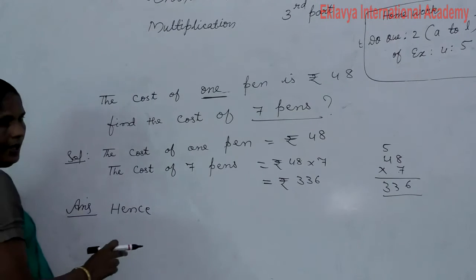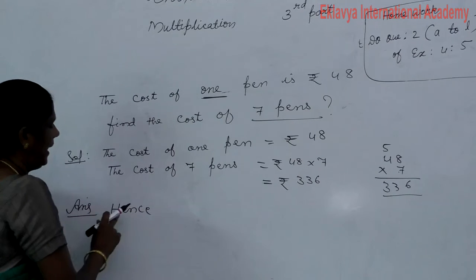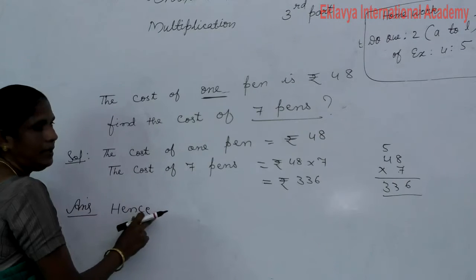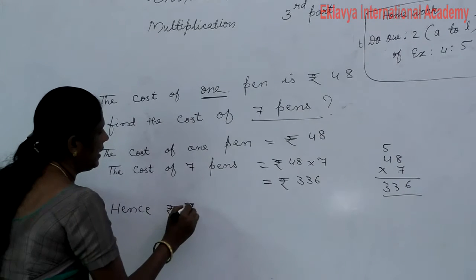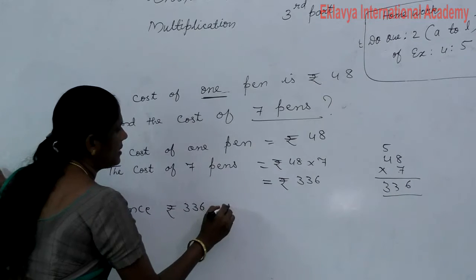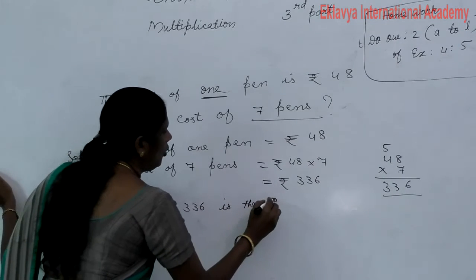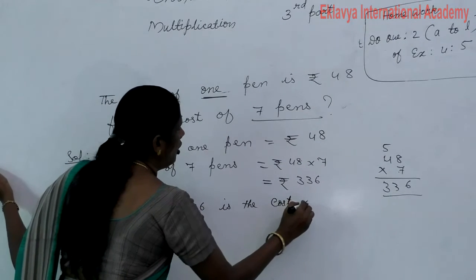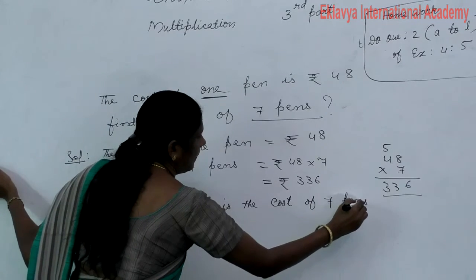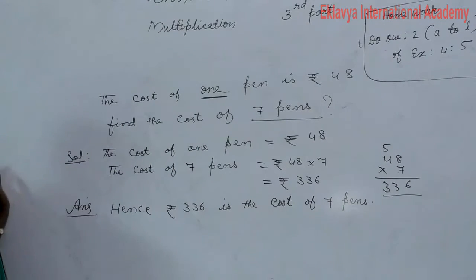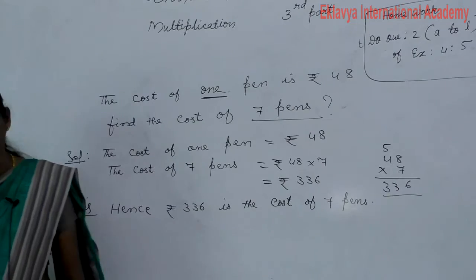H-E-N-C-E. H-E-N-S, do not write. H-E-N-C-E. Hence, rupees 336 is the cost of 7 pens. Understand? One more question.